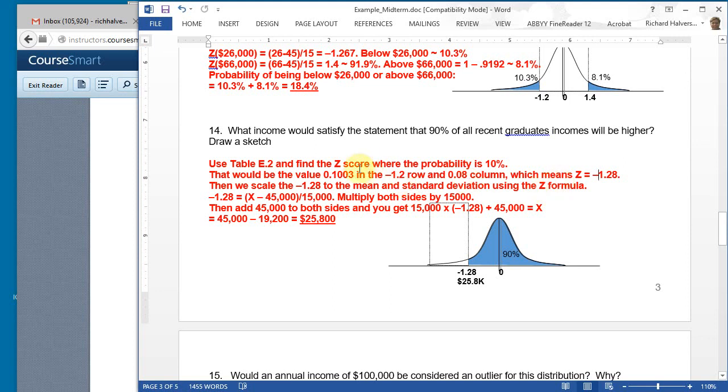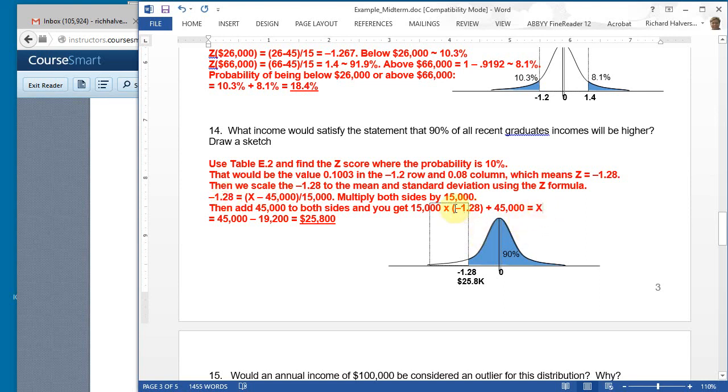So we use that same z-score formula. We have x minus the mean divided by the standard deviation, and we solve for x. We start by multiplying both sides by 15,000, and then we can add 45,000 to each side, and we get 15,000 times minus 1.28 plus 45,000 equals x.